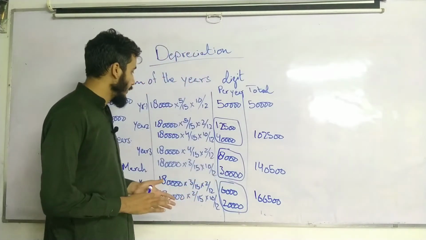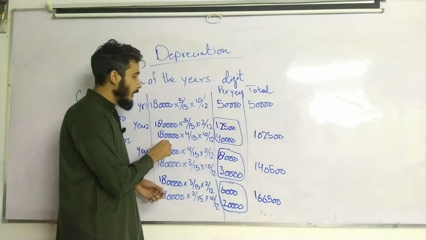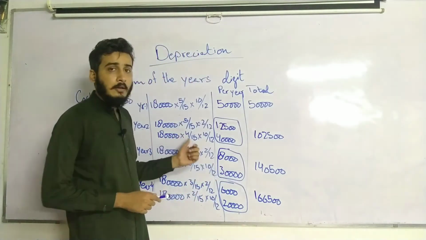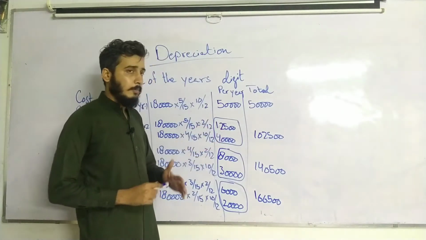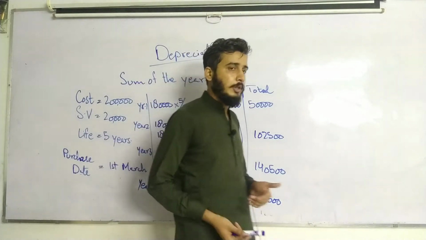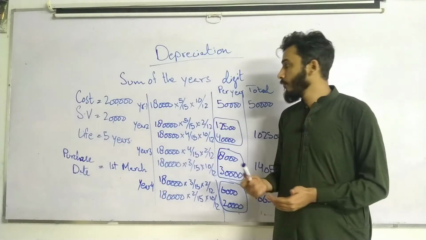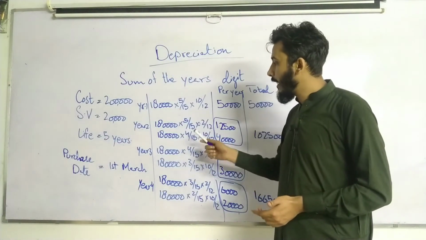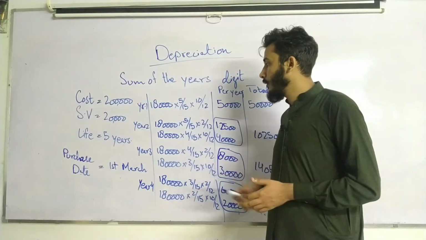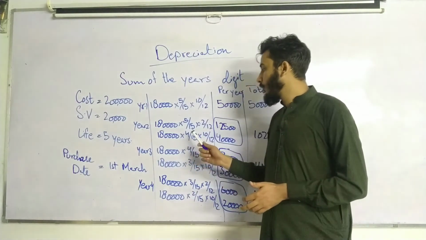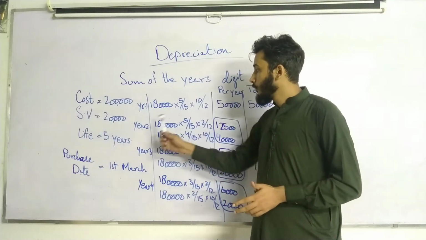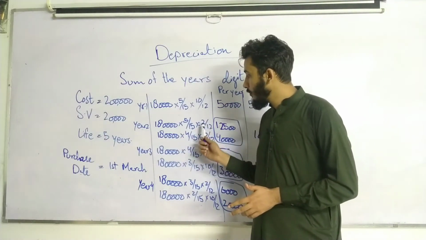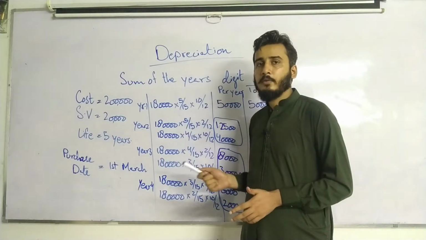Now the year has not ended yet, and coming into the same year, 180,000 multiplied by 4, because by using the machine for 2 more months, we have completed the 1st year of the machinery. So multiply by 4 and divide by 15, then multiply by 10, because it has given 2 months to the factor 5/15.